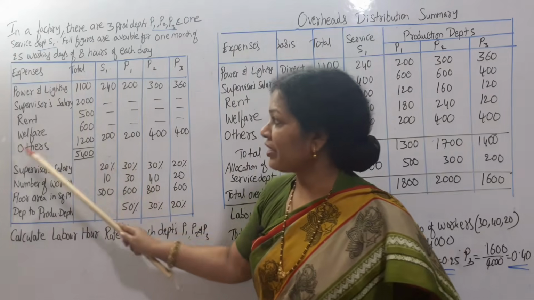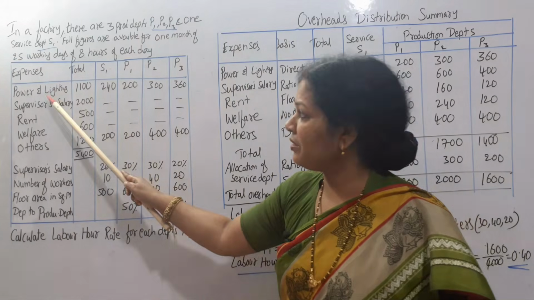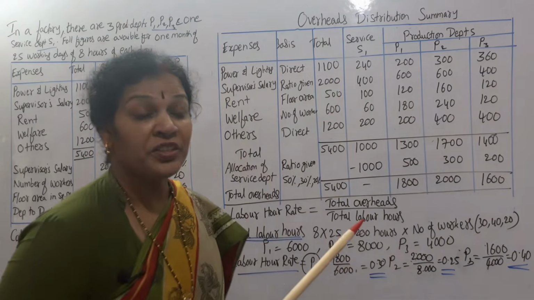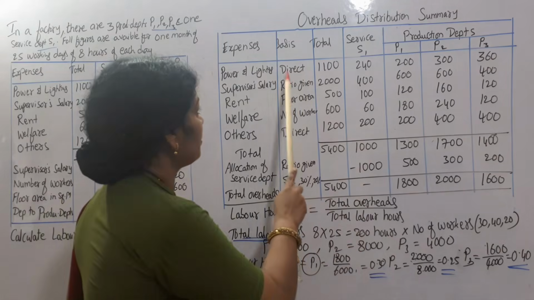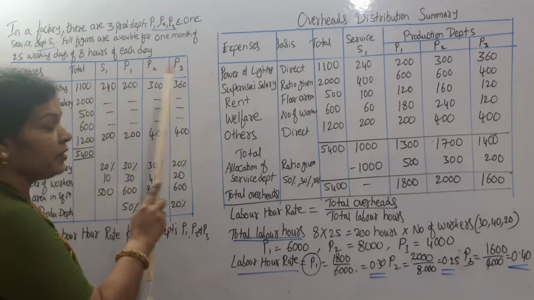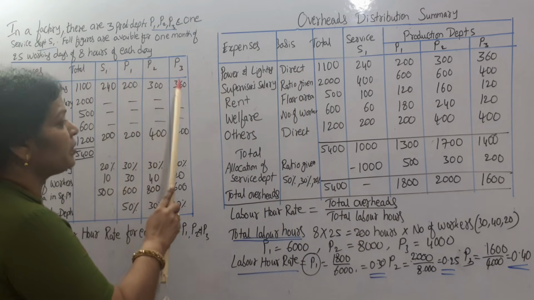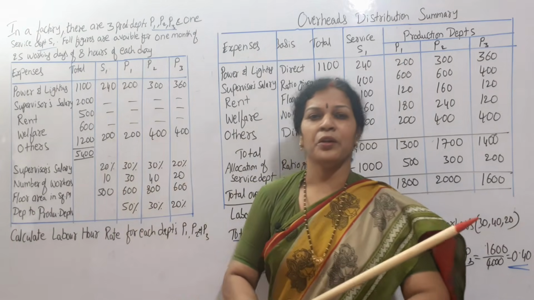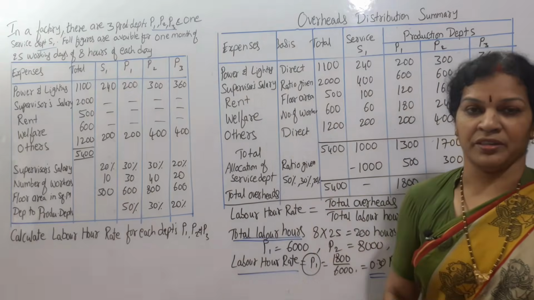Whatever expenses we have, we are going to write over there. First one is power and lighting. On which basis are we going to apportion? It was given directly: 1000, 100, 240, 200, 300, 360. Directly it is given, no need to worry, as it is I have written.